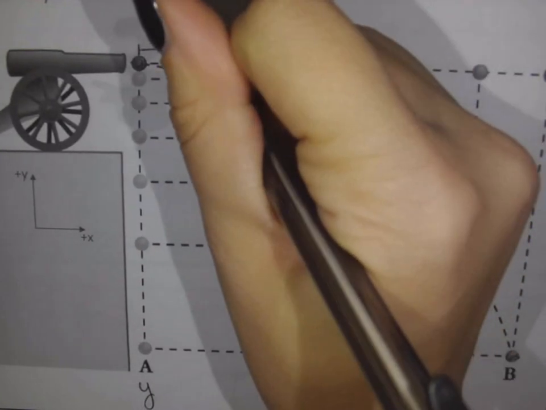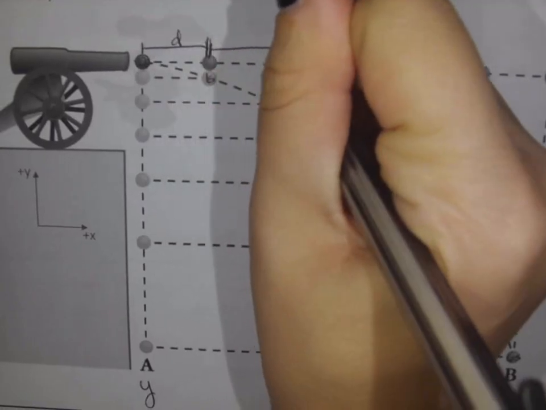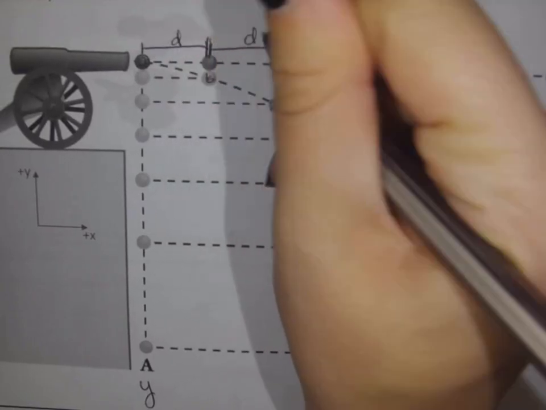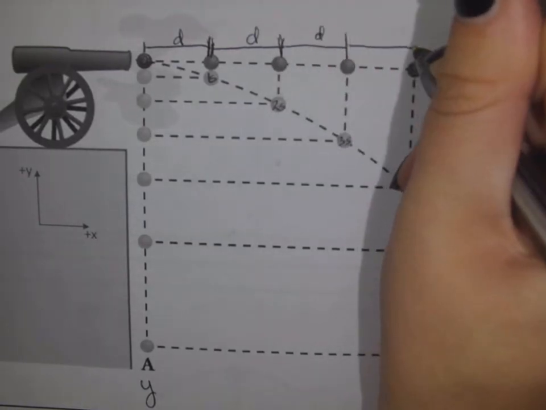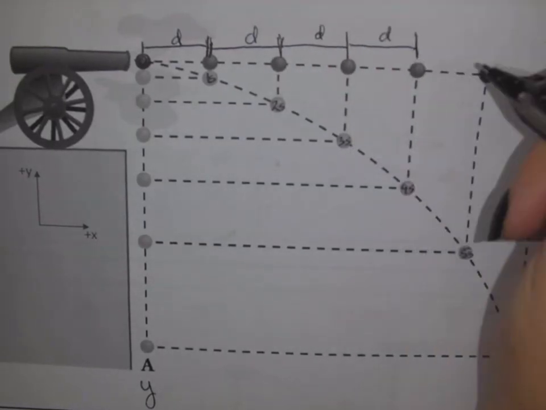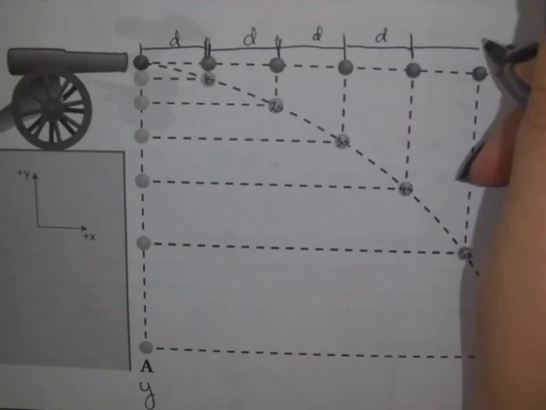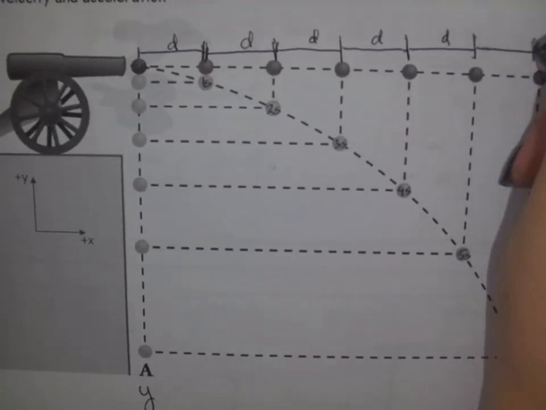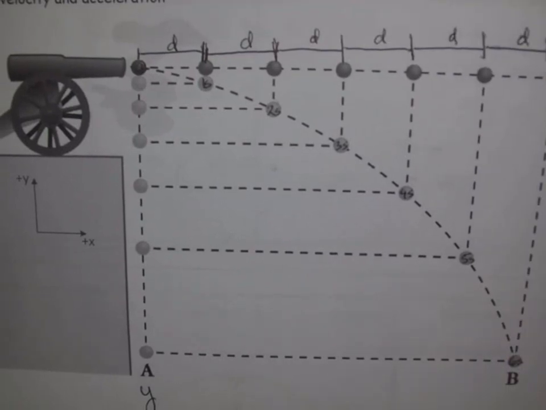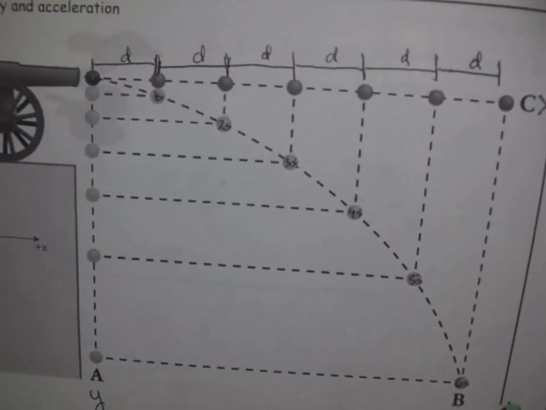Notice that it's exactly the same right here, and right here, and right here. So every second, it is traveling this exact same distance in the x. For every second, it travels a distance of d in the x direction.